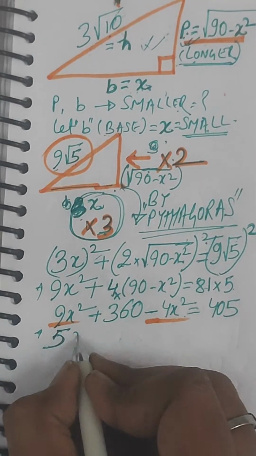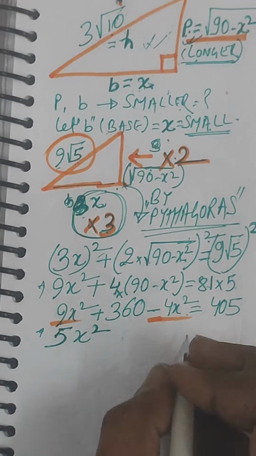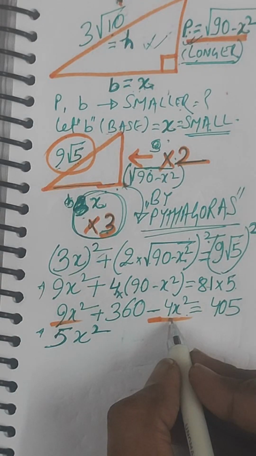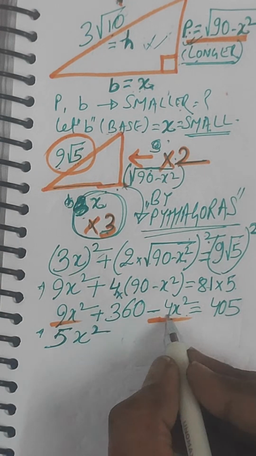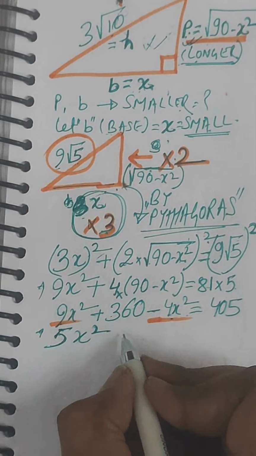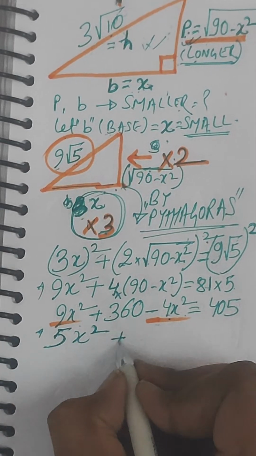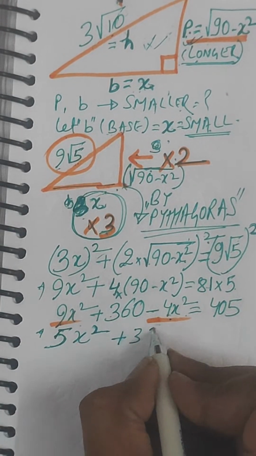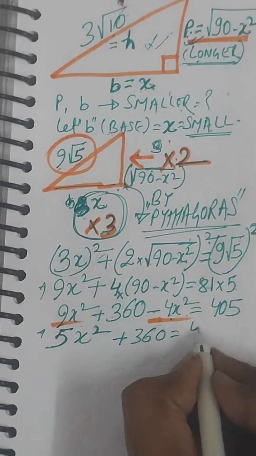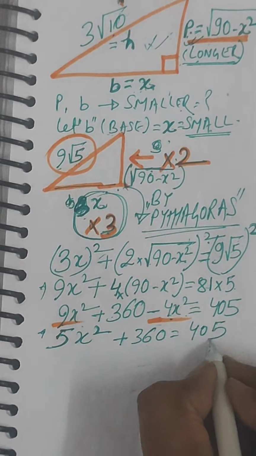Do we leave any x terms? No, there were no x terms over here. Anyway, so 5x square plus 360 is equal to 405, right?